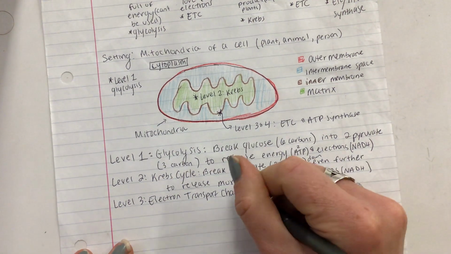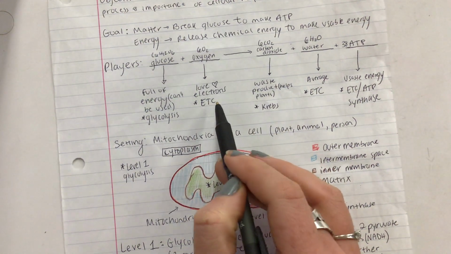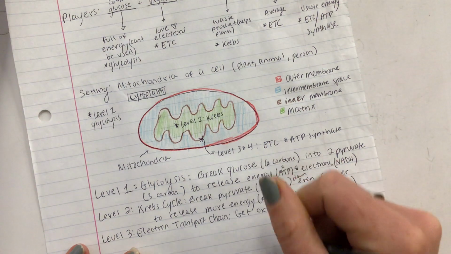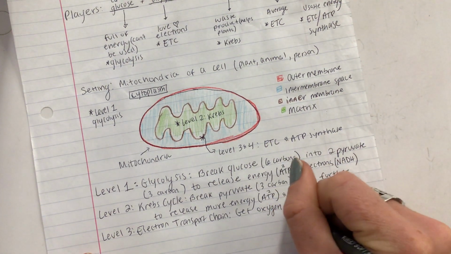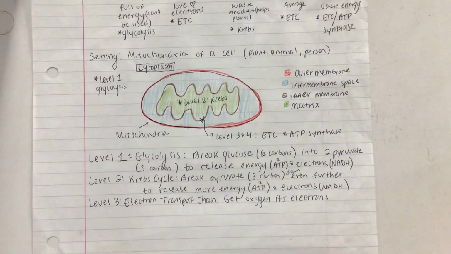The goal here is to get oxygen, our little oxygen that's in love with electrons. Get oxygen its electrons. Got a little romance going on.